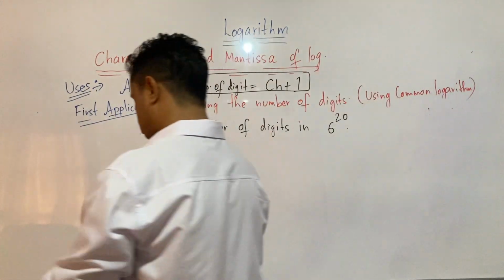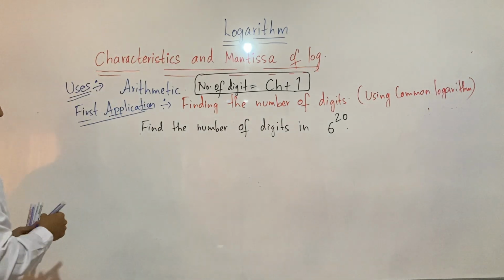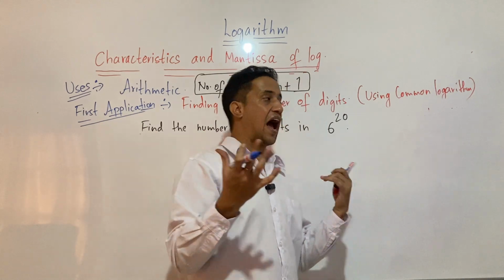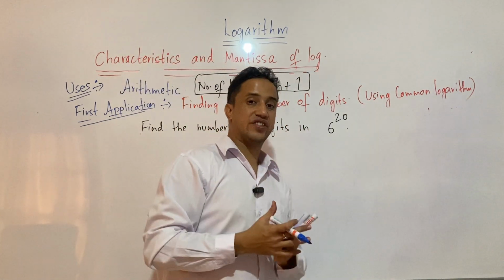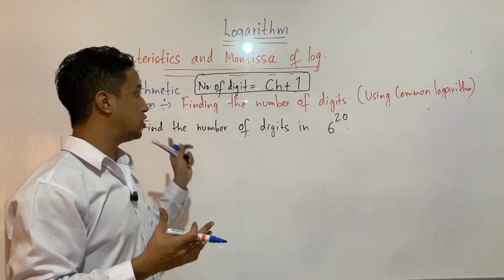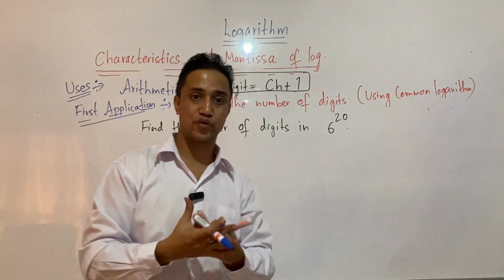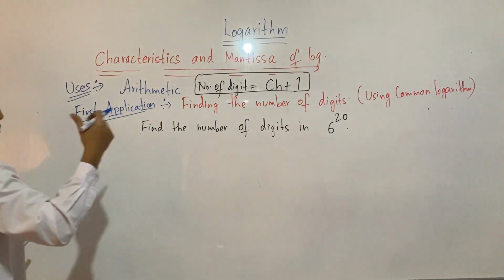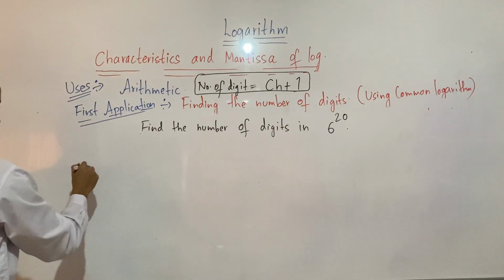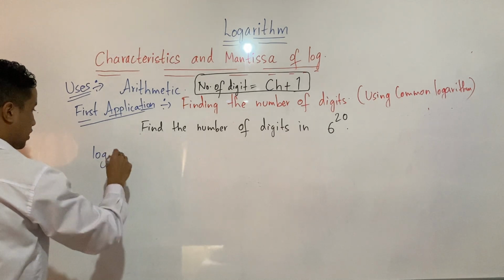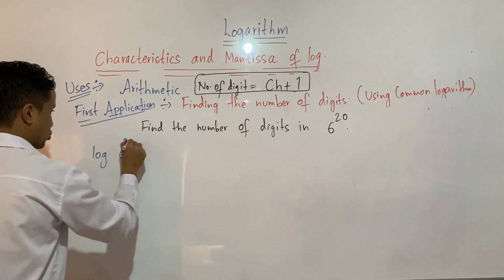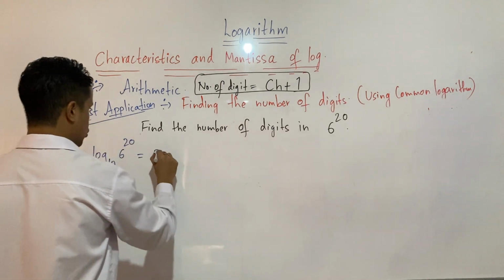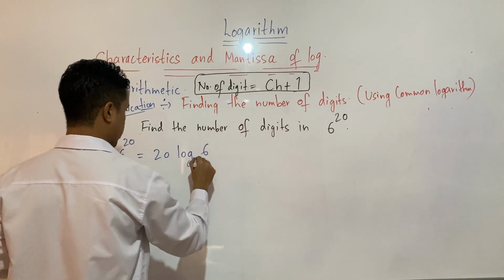So what I need to do here is, I know that if I get the characteristic somehow, then I will just do characteristic plus 1. That is going to be the number of digits. But to get the characteristic, I have to find the log. So log of 6 to the power 20, common log. It's going to be 20 times log of 6 to the base 10.